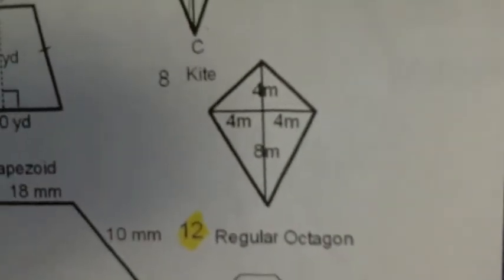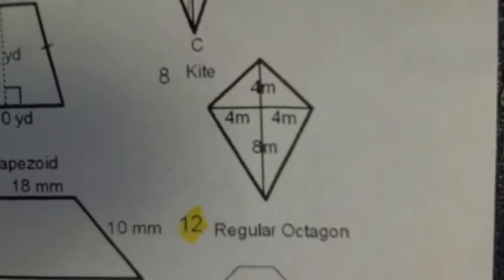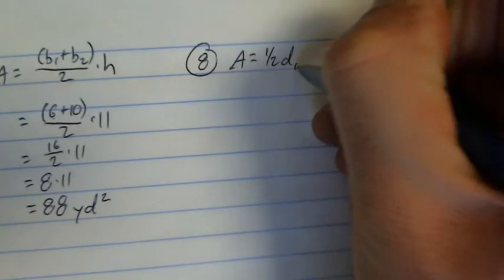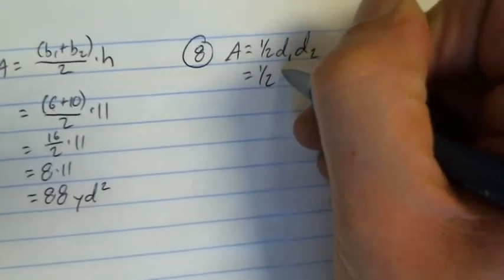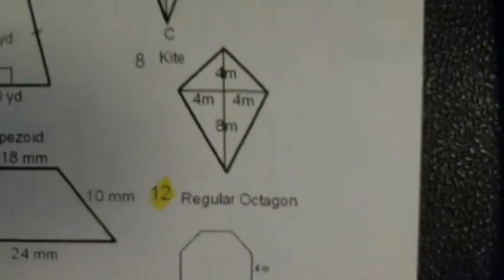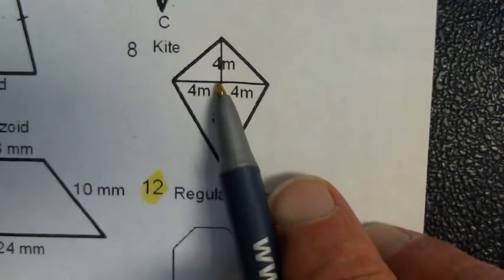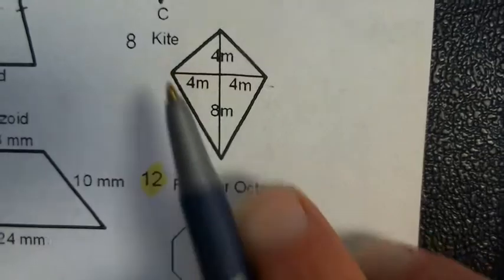Number 8. We have a kite. Area formula is the same as that for a rhombus. Equals 1/2, diagonal 1, diagonal 2. It's 1/2. First diagonal, if we go across, 4 plus 4 is 8.